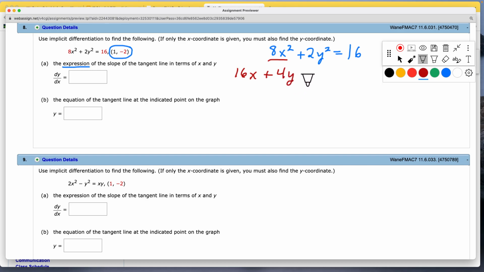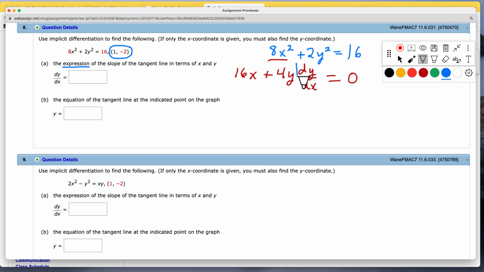But we took the derivative of y, so we get a dy dx. We get to the equal sign, derivative of 16, that's a constant, it is 0. So notice in this one, no product rule. And we don't end up with 2 dy dx's, so we don't need to factor. We just need to move things to the other side.